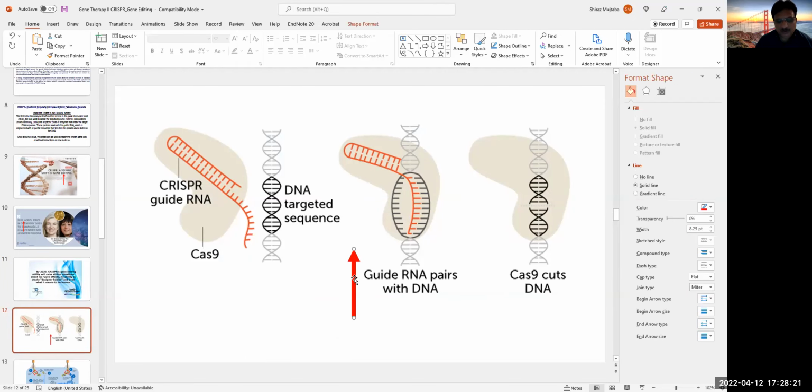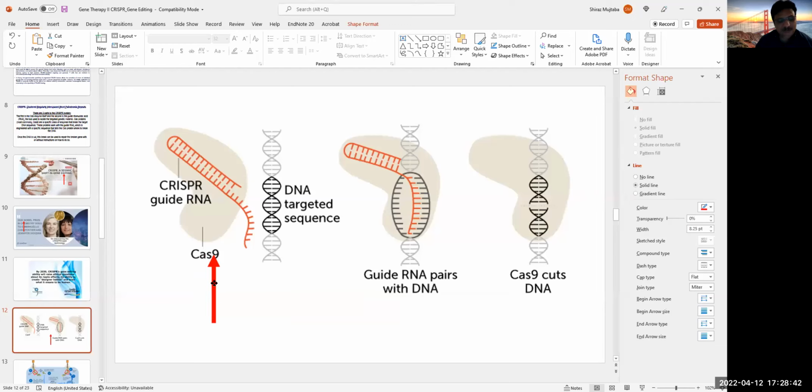So this CRISPR consists of two things. One is Cas9. Cas9 is a nuclease. Now, a nuclease is an enzyme that can digest DNA or RNA, but this is very specific.